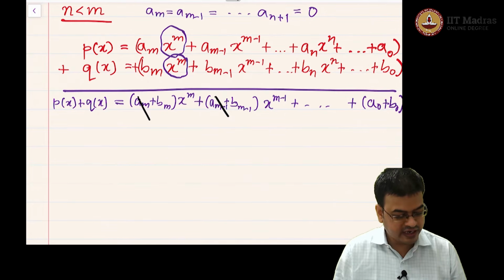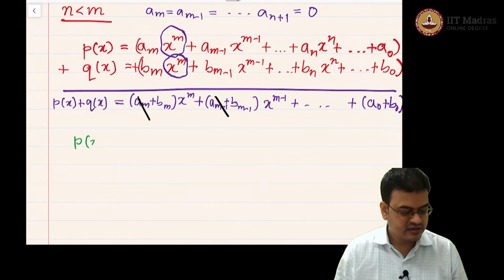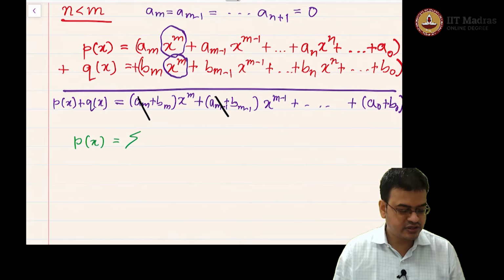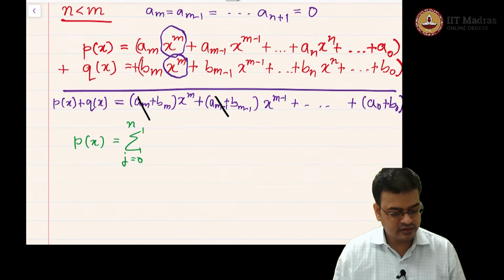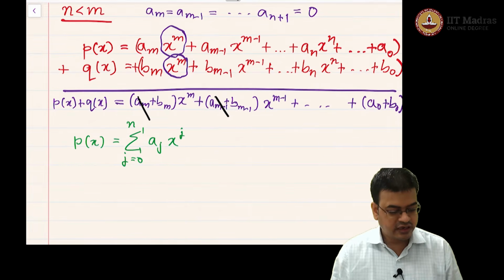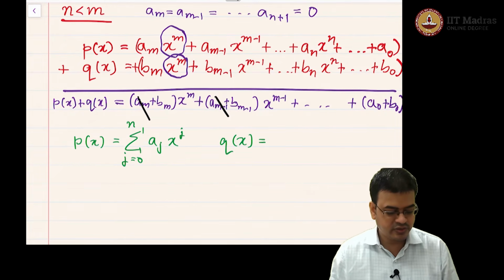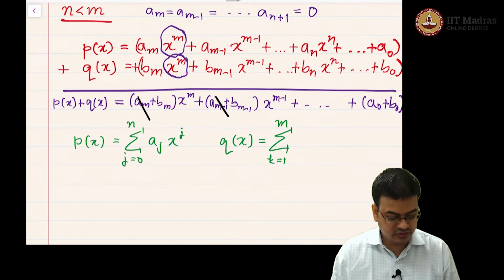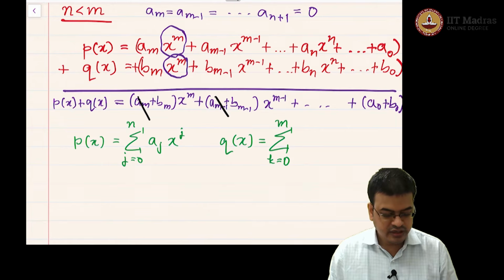So if I have a polynomial p(x) which is given by the summation over j equal to 0 to n of a_j x raised to j, and I have been given a polynomial q(x) which is the summation over k equal to 0 to m of b_k x raised to k.